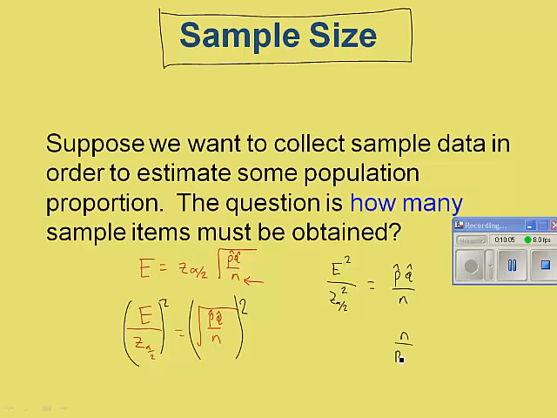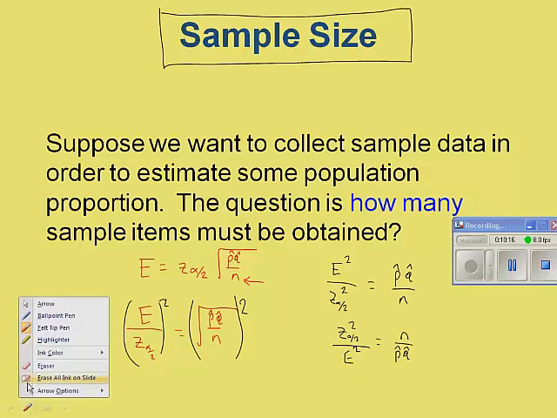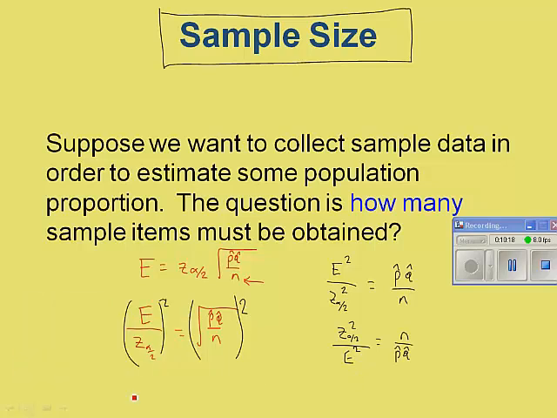Take the reciprocal on both sides. And then for a final step, I'm going to multiply both sides by p hat q hat so that it'll cancel and give me just n over here.